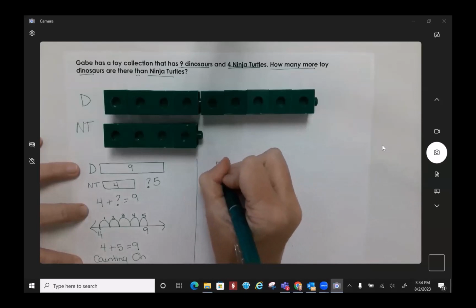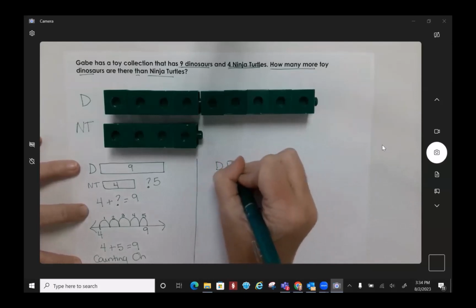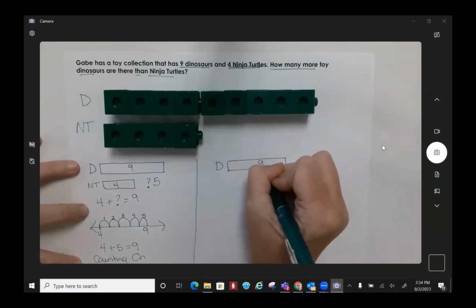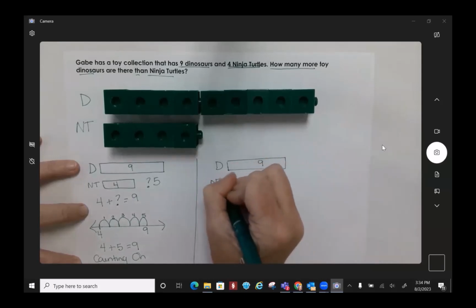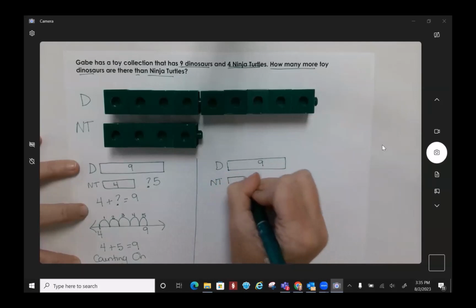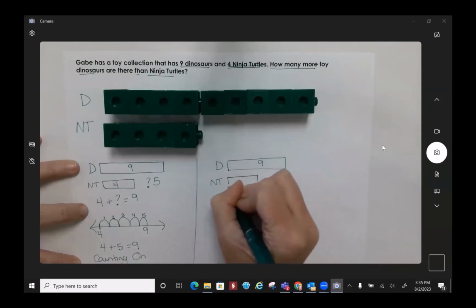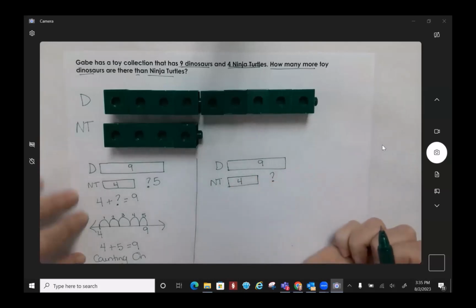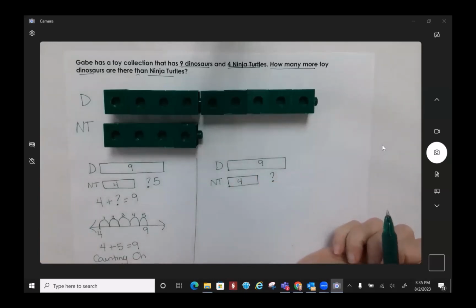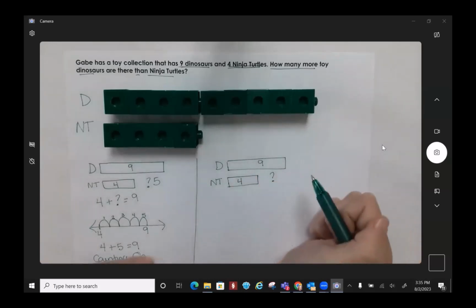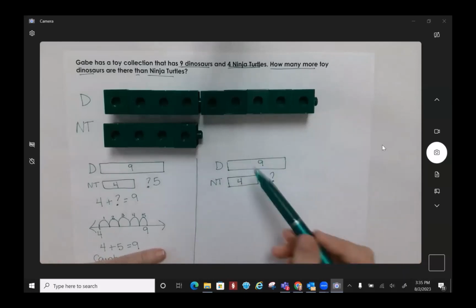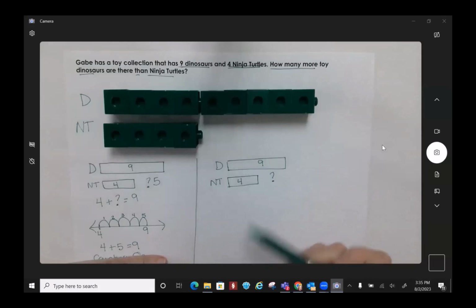I could also think about this a different way. Again, if I have my bar model, I'm showing 9. Then I have my Ninja Turtles here, 4. And I can think about this a different way. I know I've been doing a lot of work with part wholes in previous problems.